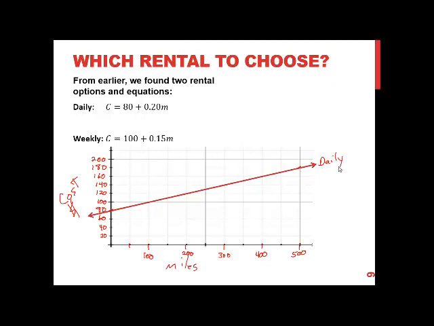Our weekly rate is going to start at 100. And let's see where we can find a nice number. What would be 200? If we do 0.15 times 200, that'd be 30. So this would be 130 at 200. That'd be right there. And we'll graph that line. That's our weekly.